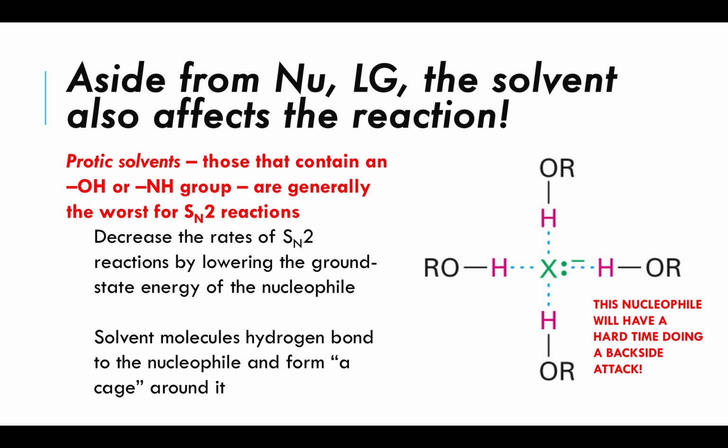We want polar aprotic solvents. So what's an example of something polar but not protic? Let's say acetone. Acetone is polar. Electrons go towards oxygen, but all of its hydrogens are bonded to just carbons. Or let's say ethyl acetate.